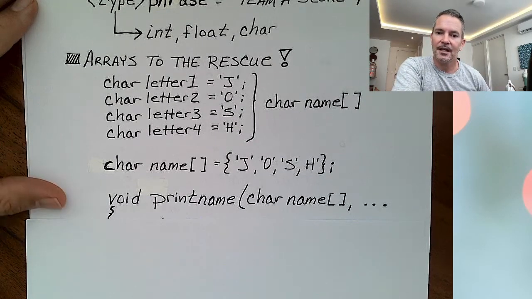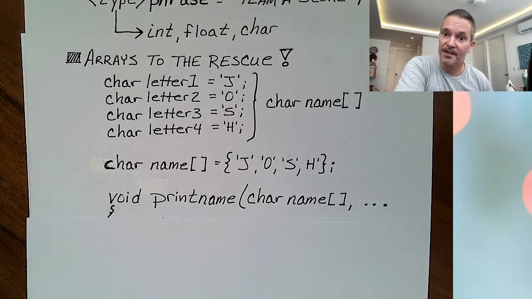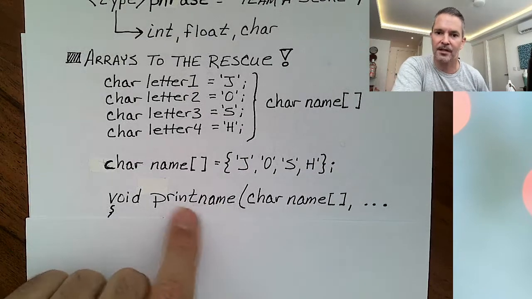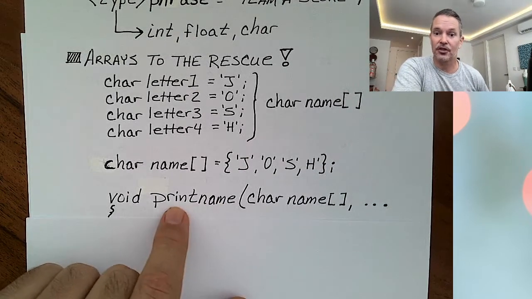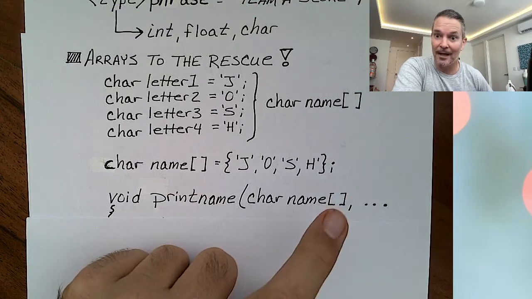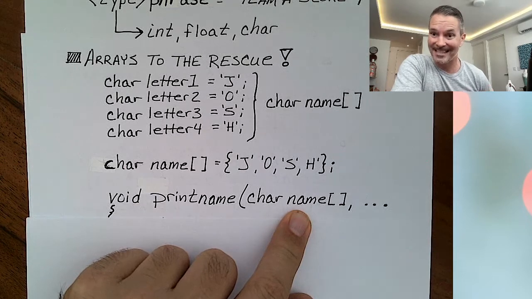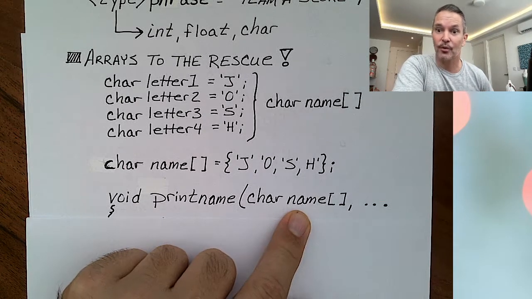But if you wanted to write a function that would take this name and print it to the screen, so I'm declaring a pretend function called printName, and I'm going to pass it my character array, which remember is just passed into the function as a character pointer.